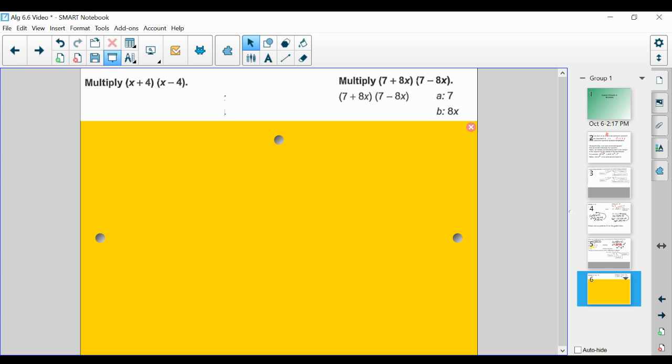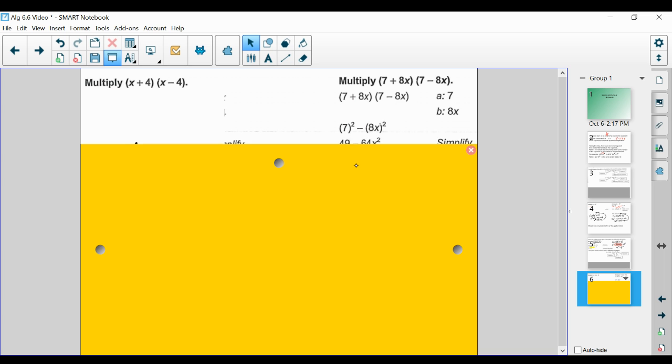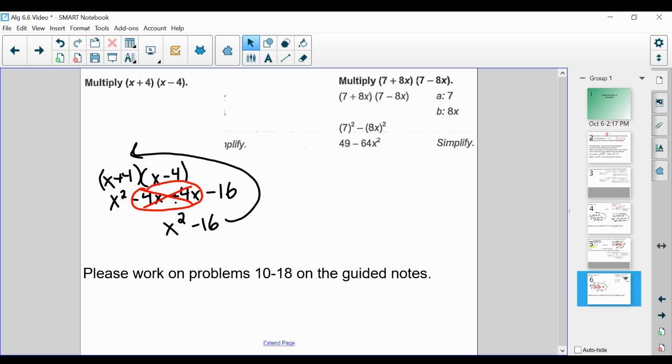And then 8x is our b, the second term. And we're going to do 7 squared minus 8x squared. 7 squared is 49. 8x squared is saying 8 squared, x squared. We get 49 minus 64x squared. And that is how we do difference of squares.